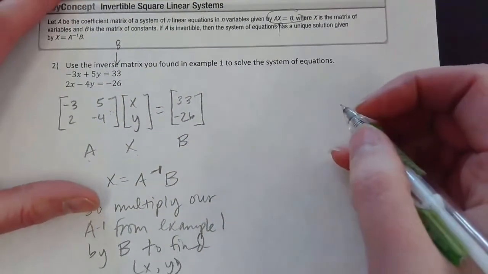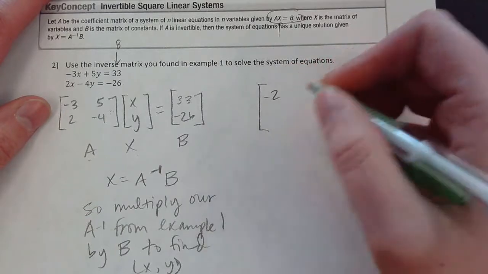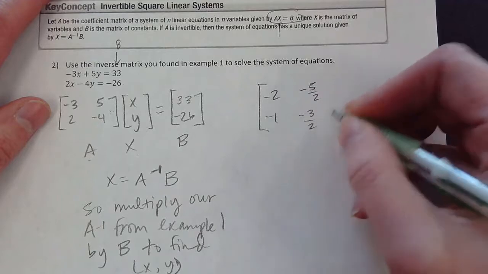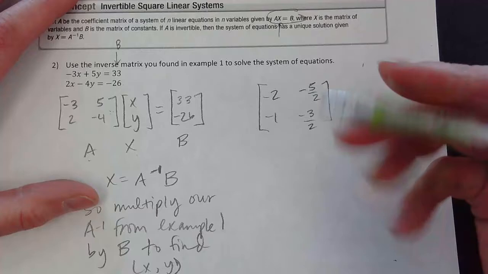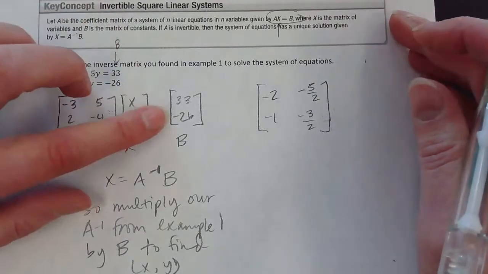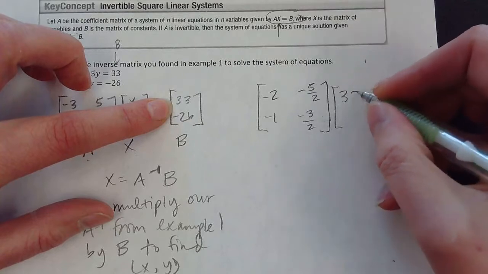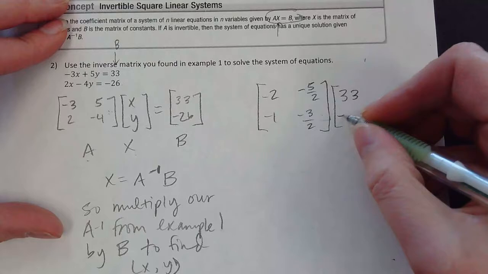So basically at this point, then what I have to do is I have to take my inverse matrix that I found in problem 1, and I'm multiplying that. I don't like the way this turned out. Let's fix that. I'm just multiplying this by this matrix, this column matrix over here that had my, after my equal signs, what my quote unquote answers were.